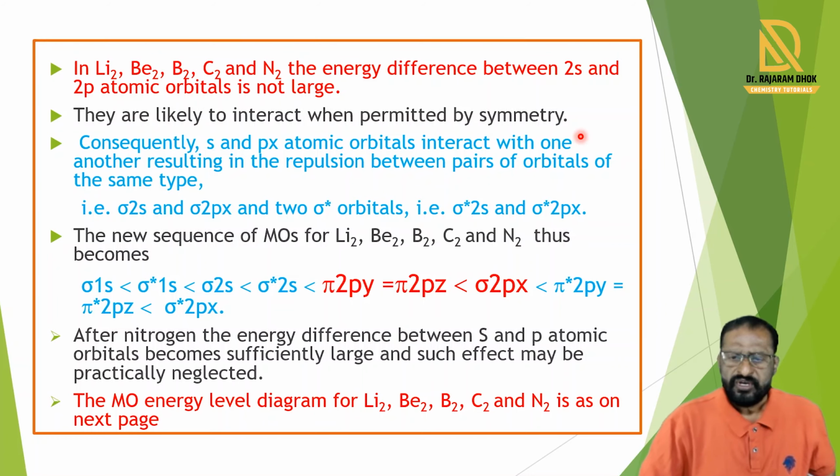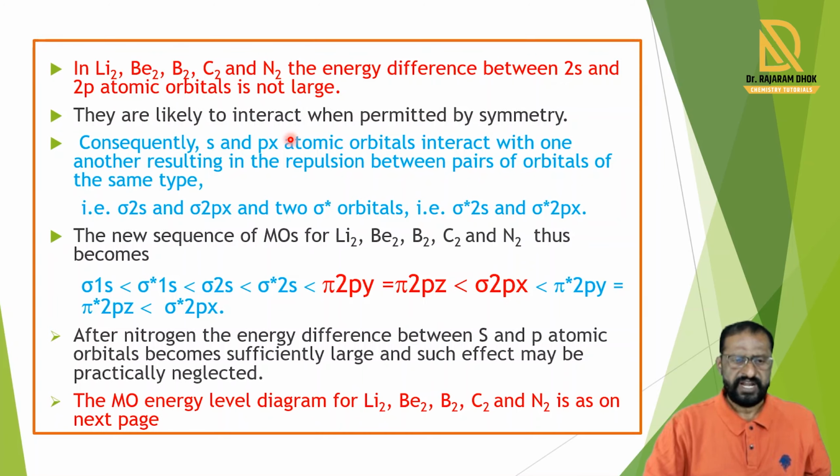For that purpose, we take the example of molecules like Li2, Be2, B2, C2, N2. So in these molecules, the energy difference between 2s and 2p atomic orbital is not very large. The energy difference between 2s and 2p atomic orbital is less, and because of that the 2s and 2p atomic orbital of two different atoms interact with each other.